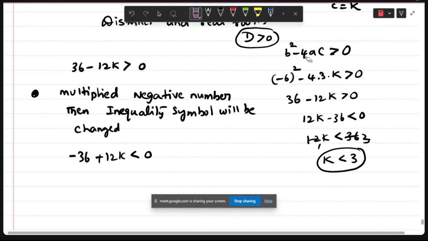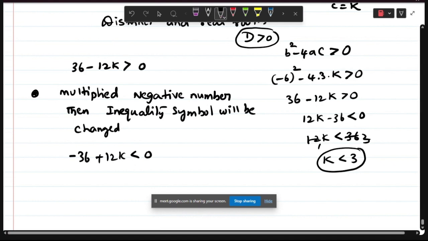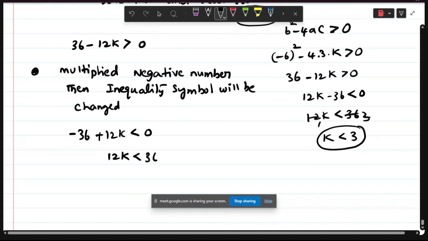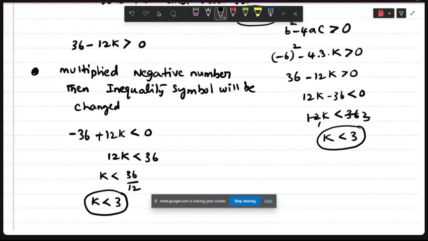The symbol will be changed, reversed. So 12k is less than 36, so k is less than 36 by 12. So k is less than 3. Any doubt? No, sir.